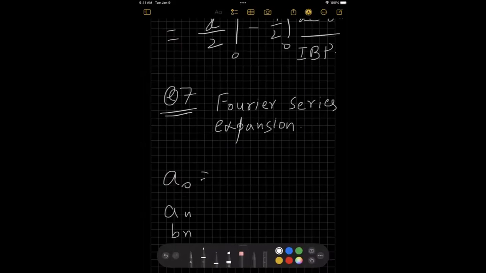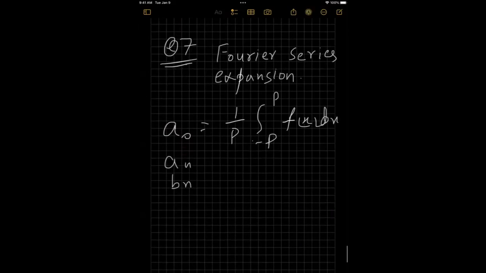Okay, my formulas are, oh, fine. It is 1 over P, integral from minus P to P, of f of x dx, simple integration of the function in the limits.